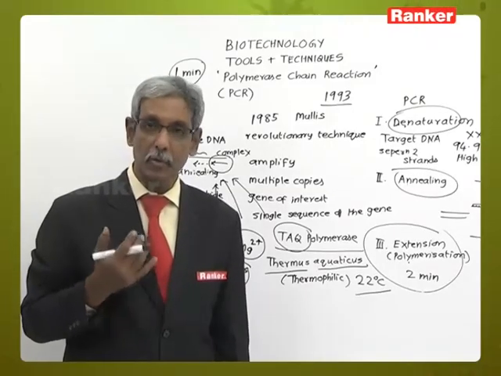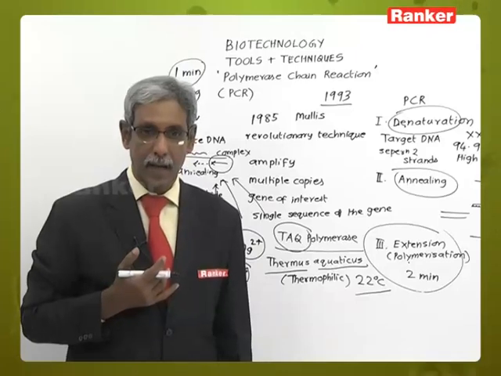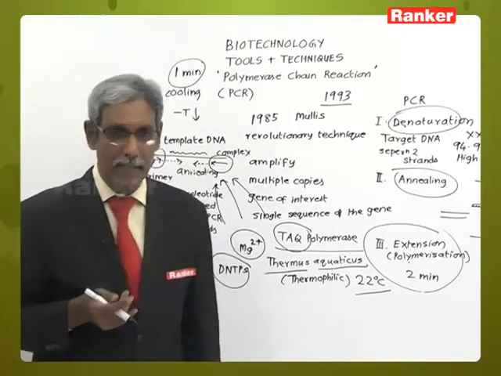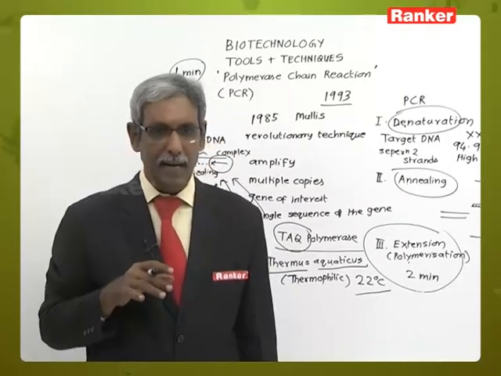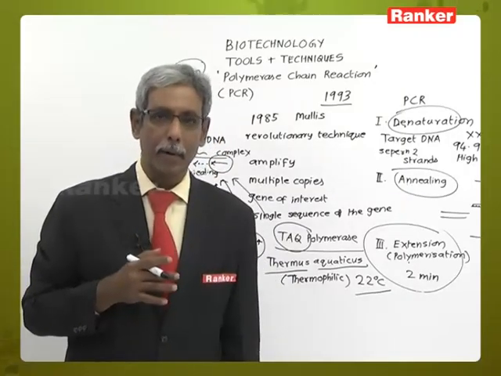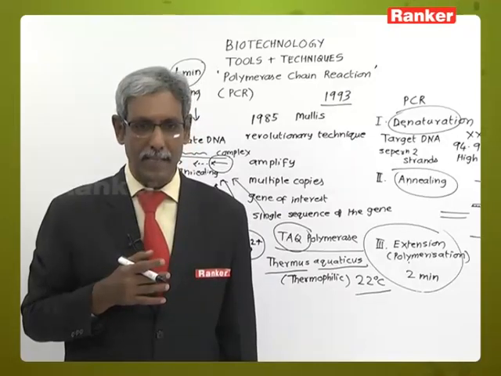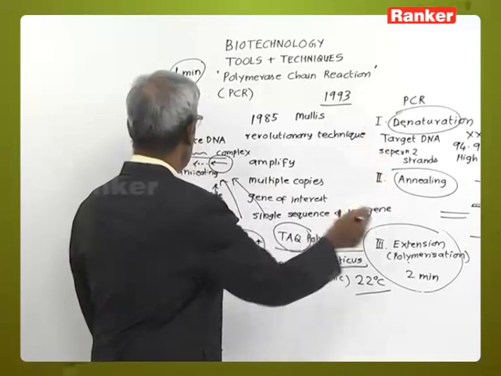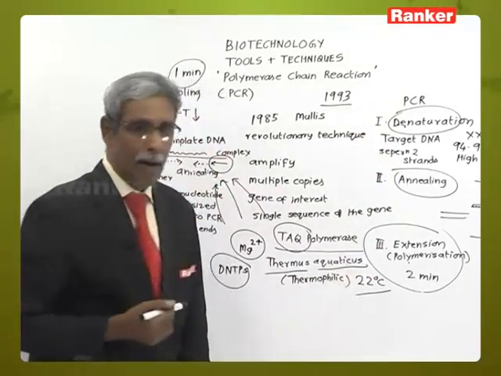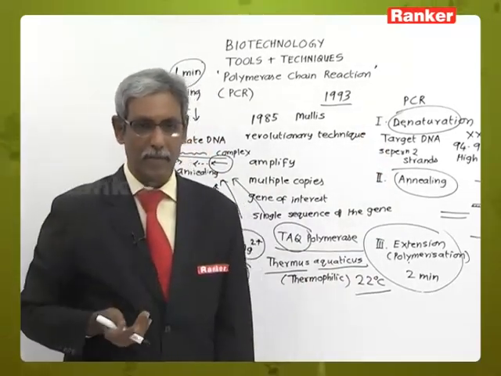There is separation of the two strands of the DNA, and there is a use of primers. Again, in the case of PCR, we use a very important enzyme which is termed Taq polymerase. It involves 3 steps: denaturation, annealing and extension, using different temperatures.